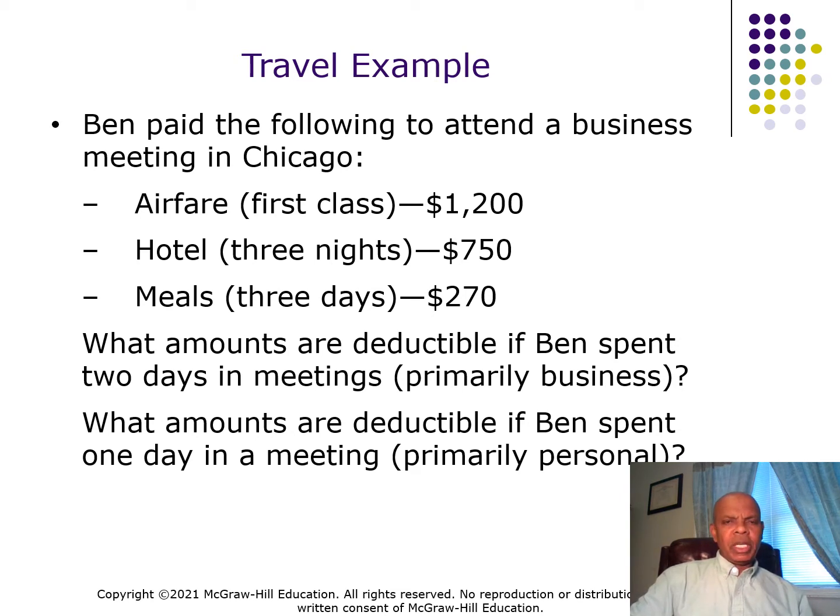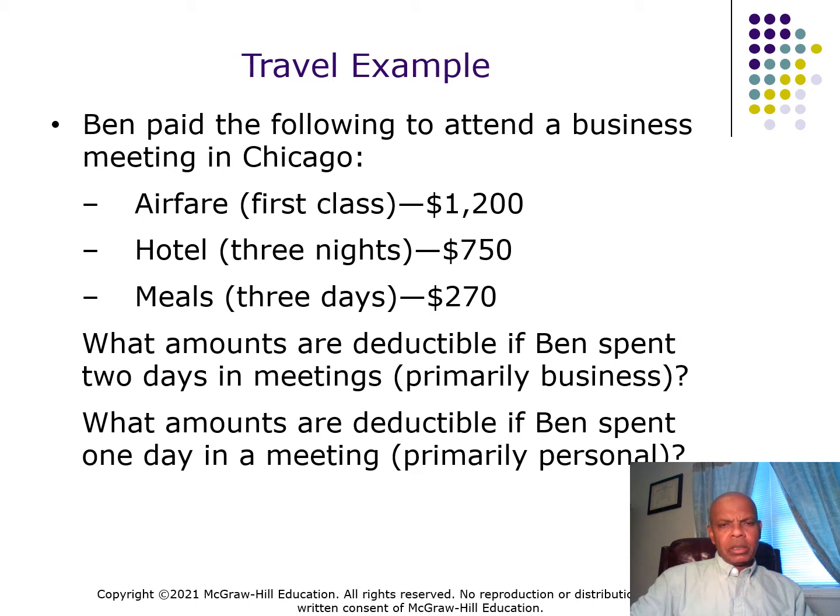However, hotel 3 nights, they had only 2 days of meetings, right? So the 3 nights, he probably stayed a little over. So he just has to allocate $250 a night, so it's $500. And the meals, 3 days.